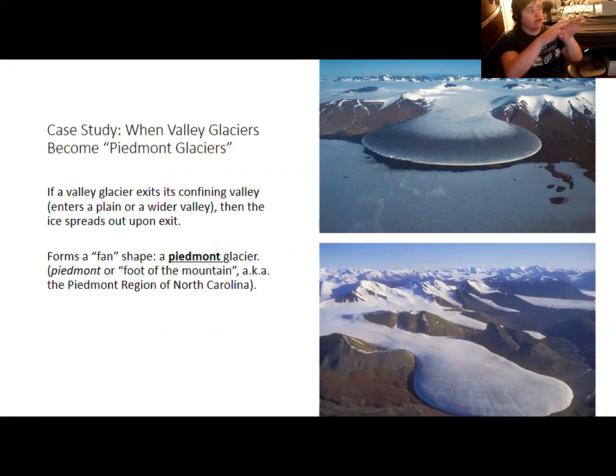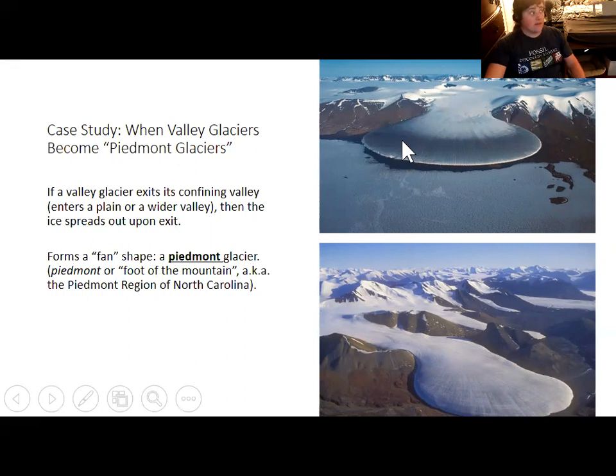Piedmont glaciers are glaciers that spread out as they suddenly go from flowing down a steep valley into flowing into a rather gentle and wide valley. The glacier, which has been constrained up until this point, suddenly has room to flow out, and the ice flows out in all directions.